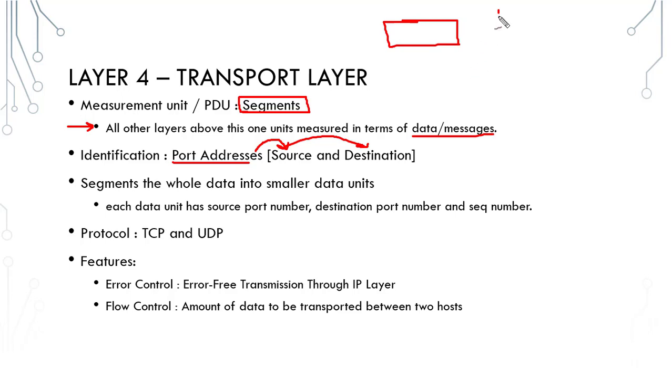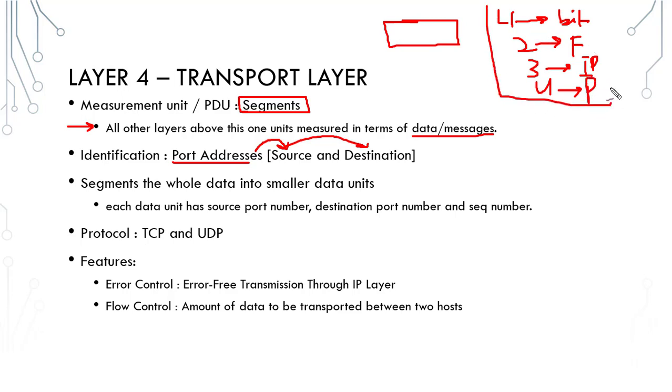So what we have discussed so far is that layer 1 has bits, layer 2 has frames, layer 3 has packets, and now layer 4 has segments, with port addresses. Okay, so these four are the naming conventions of PDUs. Layers 5, 6, and 7 have no name for their PDU.